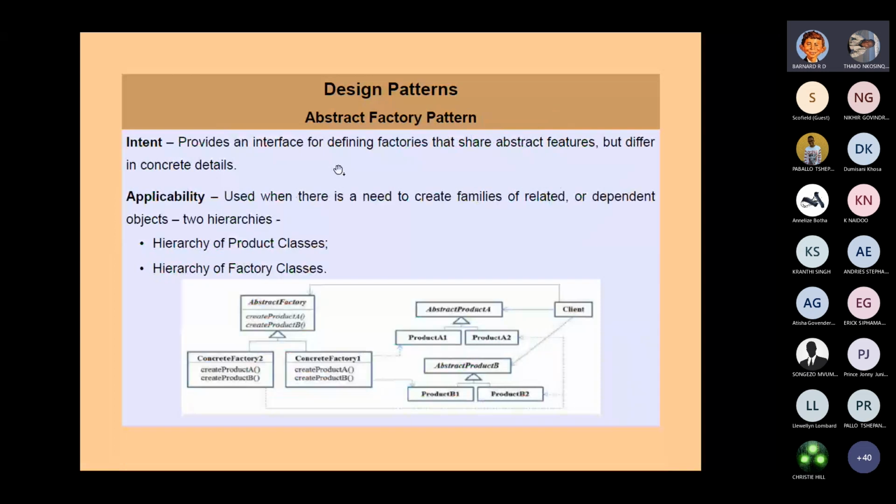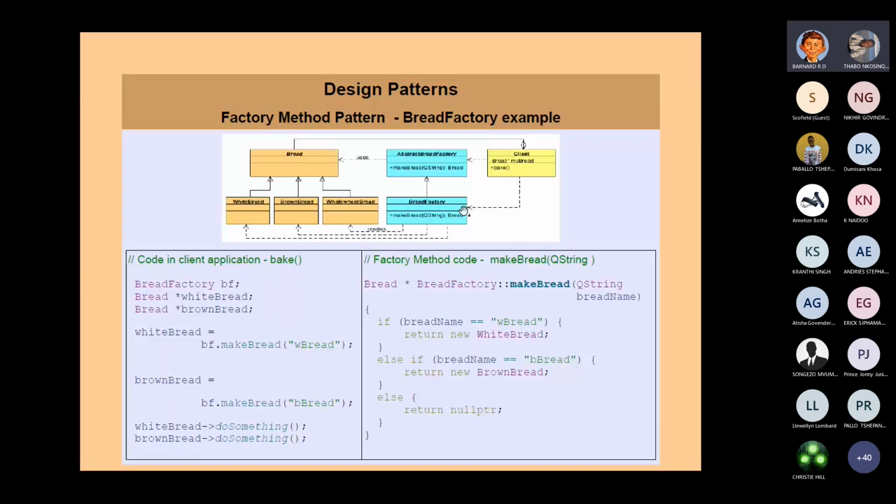Okay, then the abstract factory pattern. The abstract factory pattern is actually just multiple factory methods together. What it introduces, sorry, I just want to go back. In the factory method pattern, there is this optional base class for your factory.